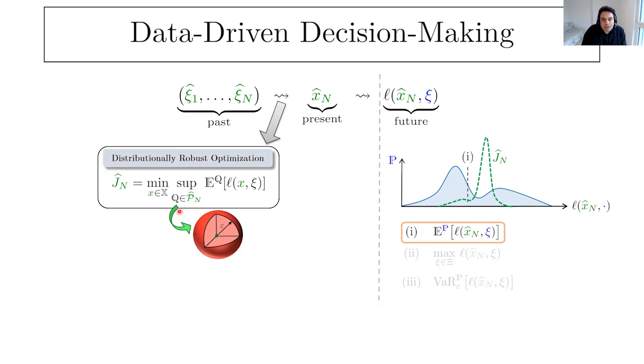This family of distributions is characterized by a ball for which you need 3 things: a center of the ball, a radius of the ball, and the type of metric you choose in the space of distributions. Once you have these 3 things, you can form this subset of distributions, and then you solve this optimization problem.